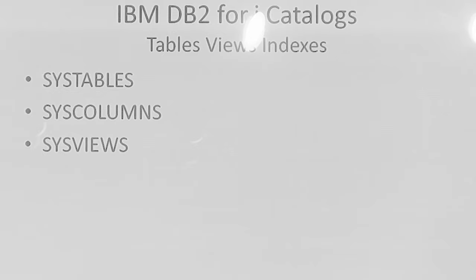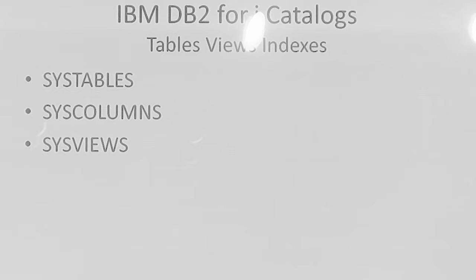So you can look at the tables, columns, and views. There's procedures, indexes, every type of SQL object there is, there's one of these. But I just put 3 of them in here to sample these out.